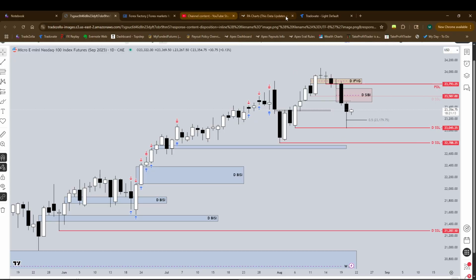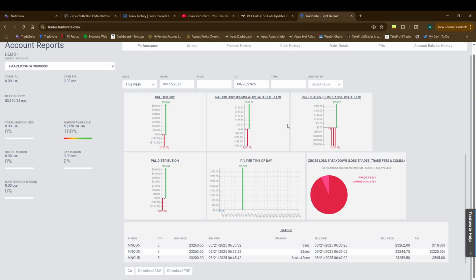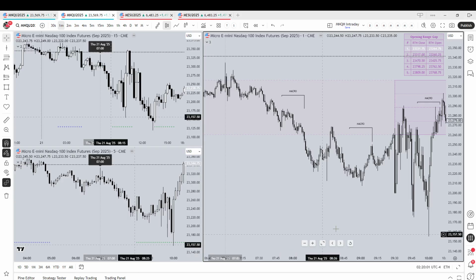Because if we go back over here, let's see, when this trade right here was entered in at 23,529. Okay, just remember that. And let's go back over here.